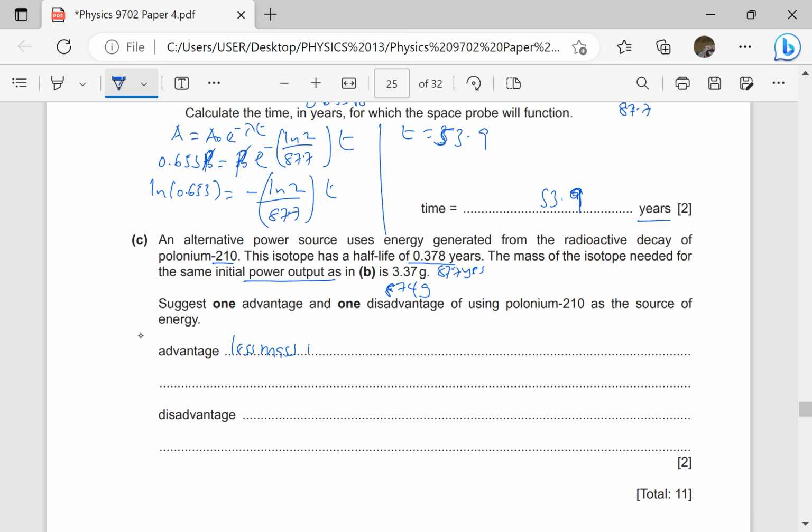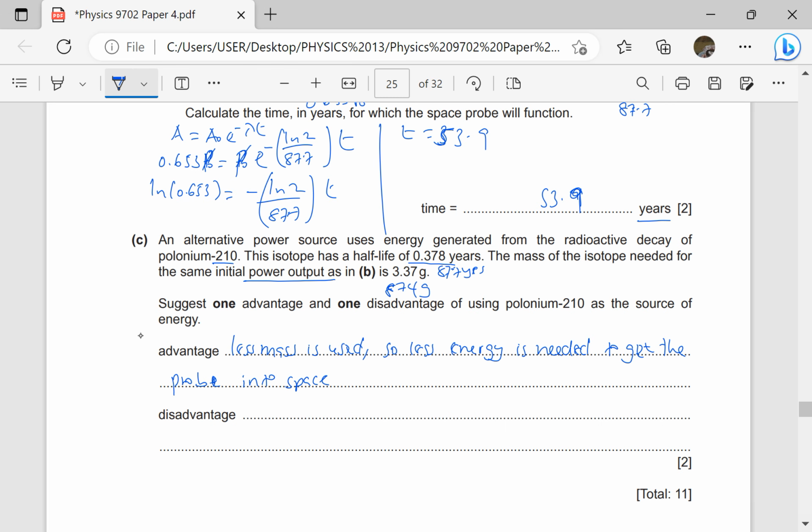If less mass is used, it means we shall need less energy to overcome the gravitational potential energy to get the probe into space.